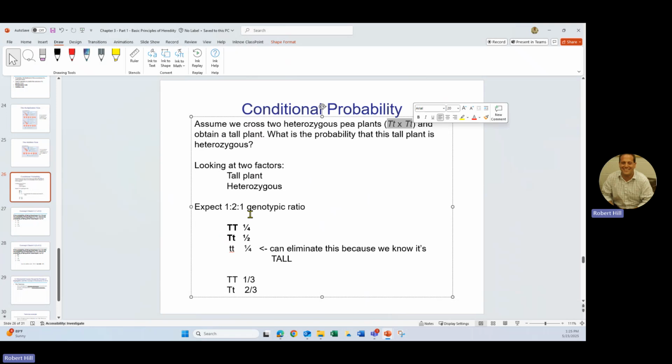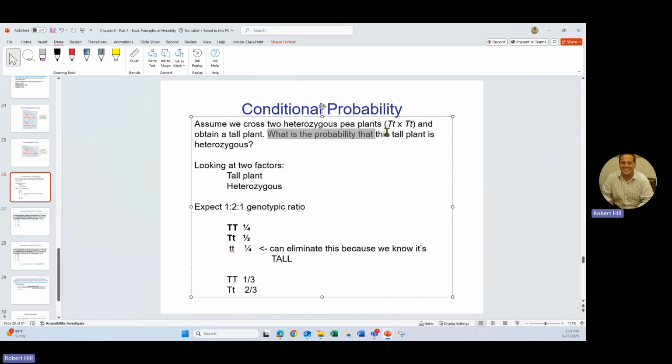So let's write this stuff out. Here are our genotypes, 1-to-2-to-1. I'm sorry, I said that wrong. 1/4 are homozygous dominant, 1/4 are homozygous recessive, and 1/2, 50%, are heterozygous.